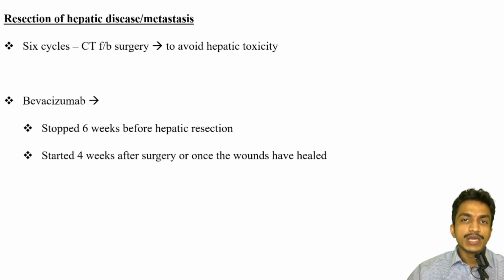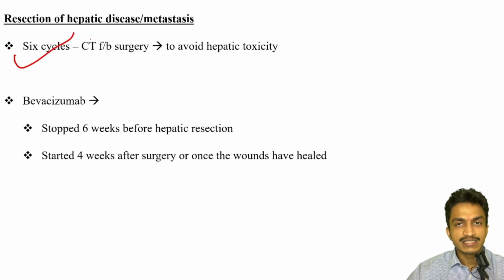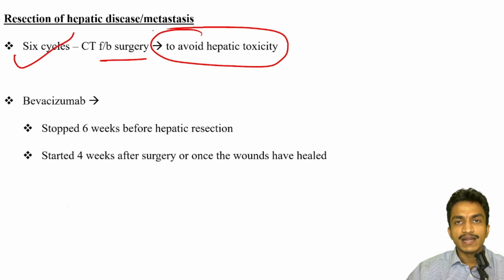If we are doing a colorectal liver metastatic resection, then we can give 6 cycles followed by surgery, because we want to avoid hepatic toxicity and we need to maintain the FLR because we are doing a hepatic resection. Sometimes there is very mixed reasoning for what we do in colorectal liver mets with a colorectal malignancy.